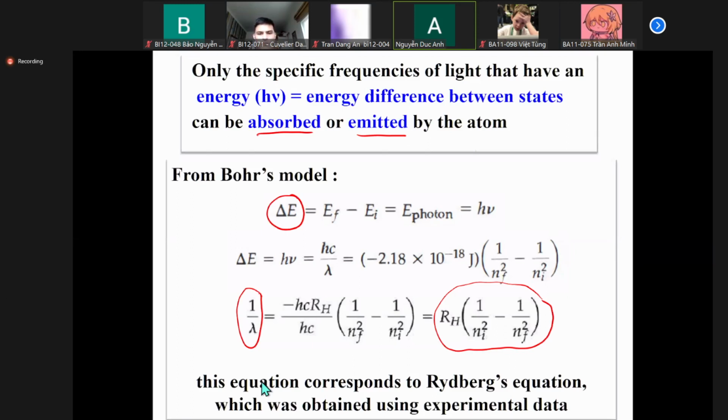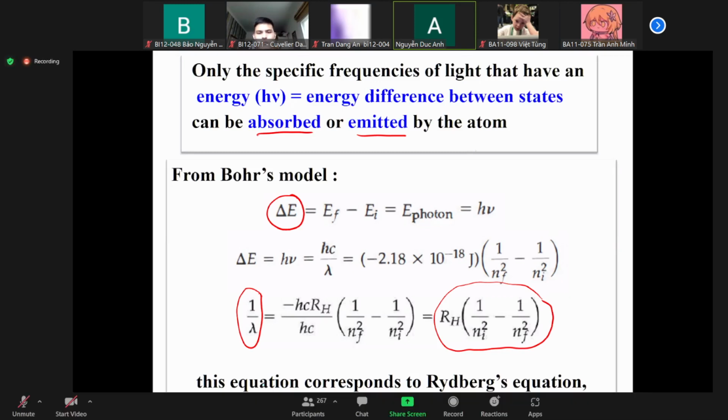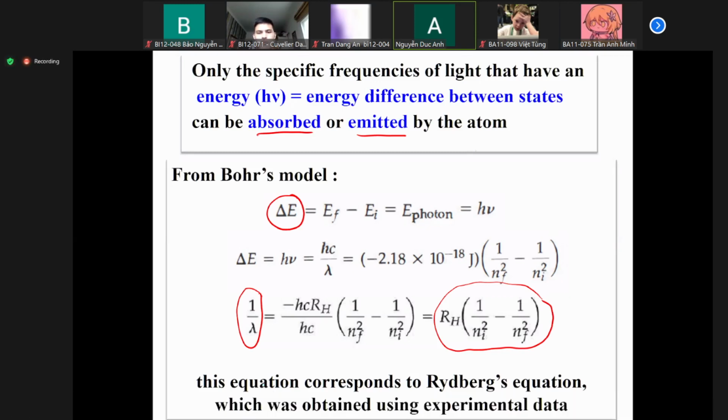So actually, the Bohr model is not wrong, but it is only a part of explaining the quantum model, the modern chemistry model we are using at this moment. When Bohr first explained his model, he caused a lot of confusion for quantum mechanics and quantum physics.